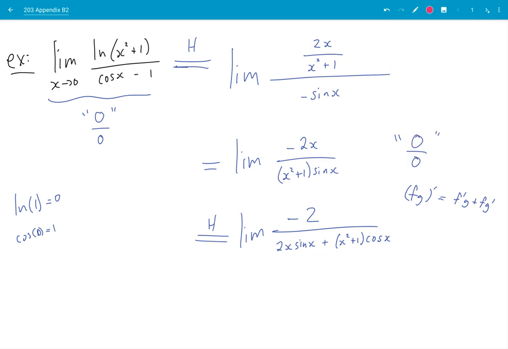Now what's happening here? On top I have minus 2. Okay, so not going to use L'Hopital's rule again. On the bottom, 0, 0, this is 1, this is 1.